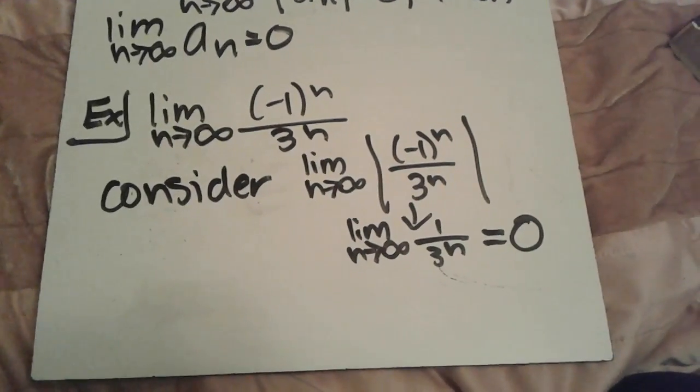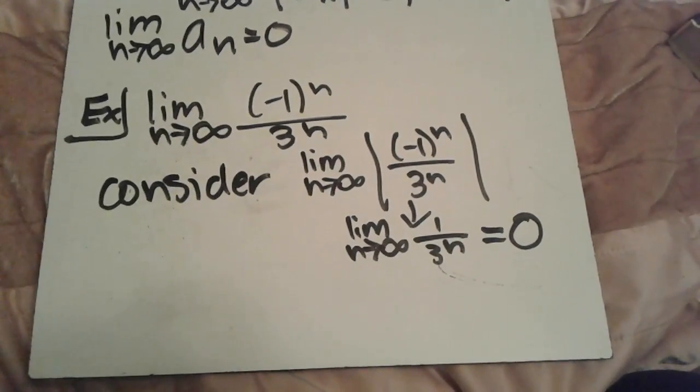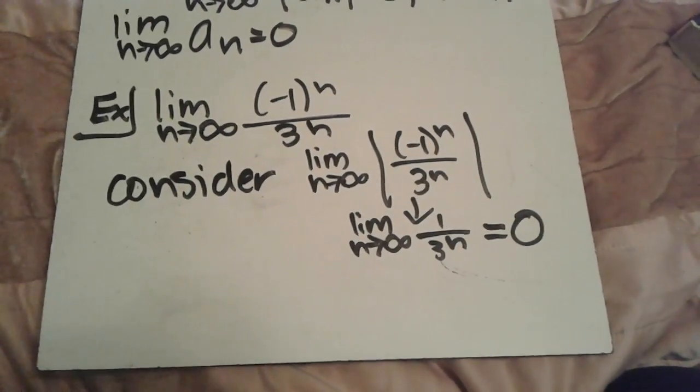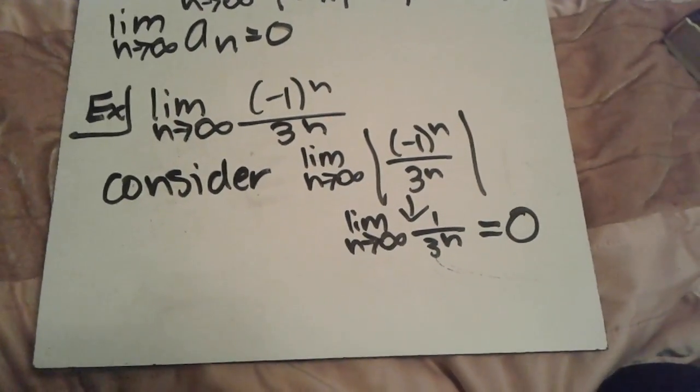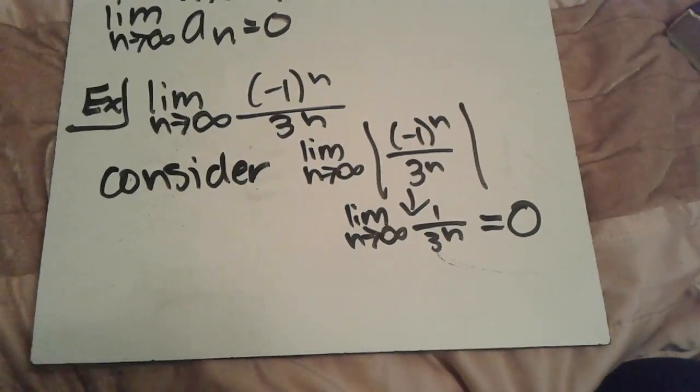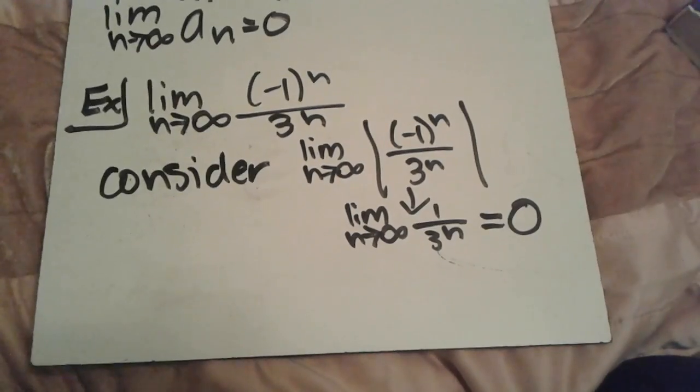Therefore, the limit as n approaches infinity of 1 over 3 to the n would equal 0, because when plugging in infinity to the n, it would give you 1 over 3 to the infinity, which is 1 over infinity, and 1 over infinity is 0.